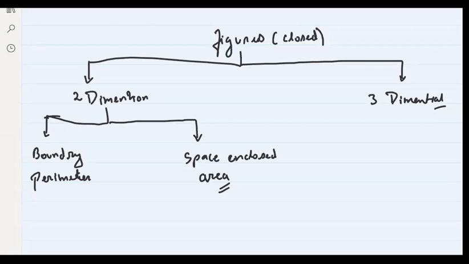But if I ask you what is area, Arav? Mass is the weight of any object. Area is the space enclosed, not occupied, enclosed. They are different things.